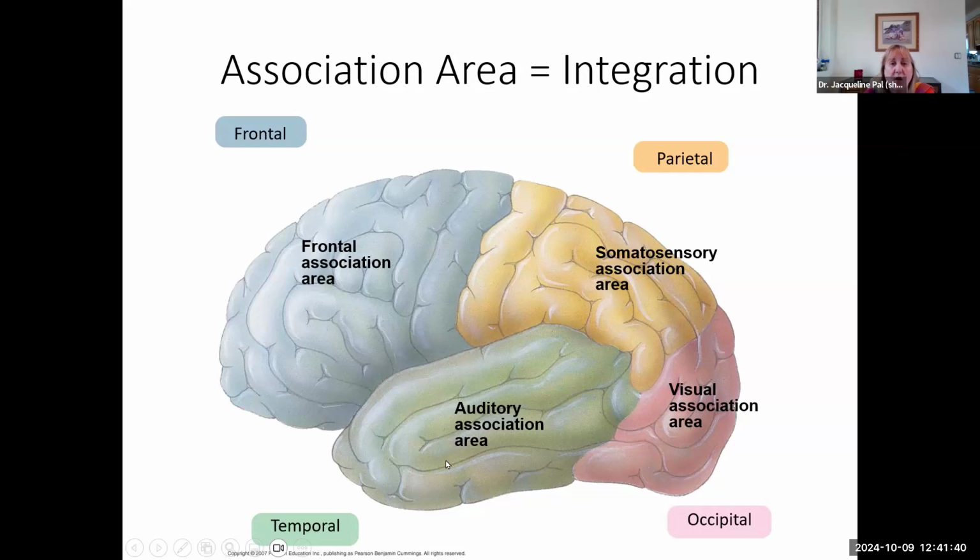hearing. We are going to have auditory association areas, which I'm going to be talking more specifically about on a subsequent slide. In the occipital lobe, we're going to have visual association areas. So examples of those would be pattern recognition.